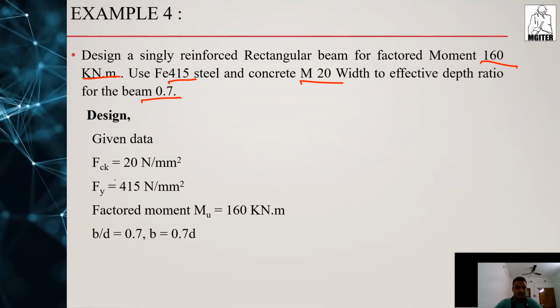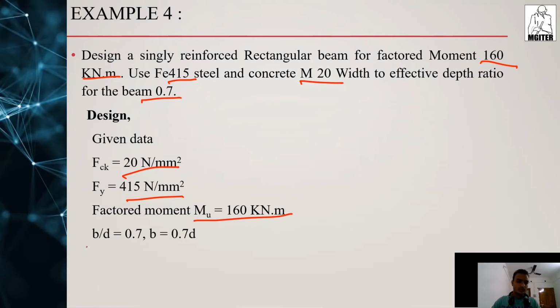So the given data is here: fck 20, Fe415, concrete grade and steel grade, factored moment 160 kilonewton meter. Direct moment, we don't have to calculate from a load or something else. This moment is given, so we don't need the equation wl square by 8 to find Mu, because Mu is given in the example.